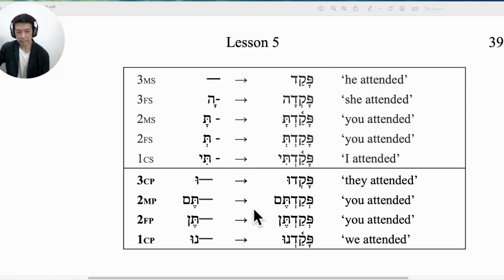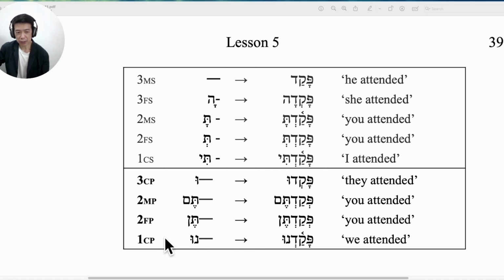For the second person feminine plural, a ten, meaning a tav with a final form of nun, is added to the end of the word. So for you attended, it becomes pekadten.